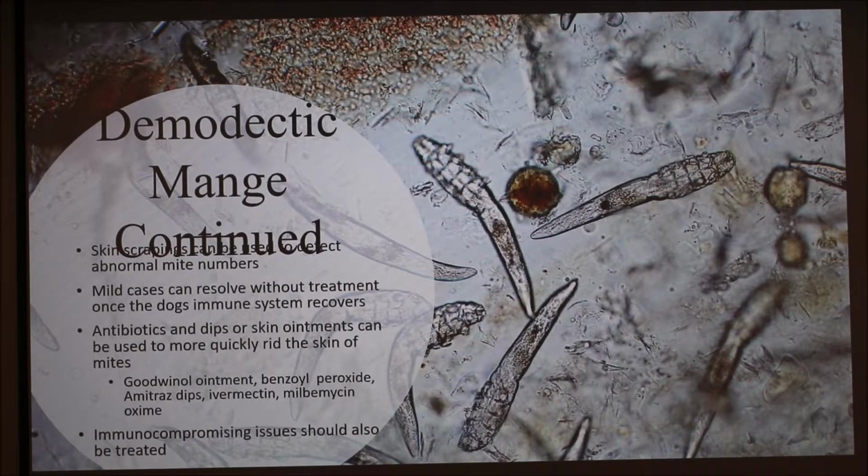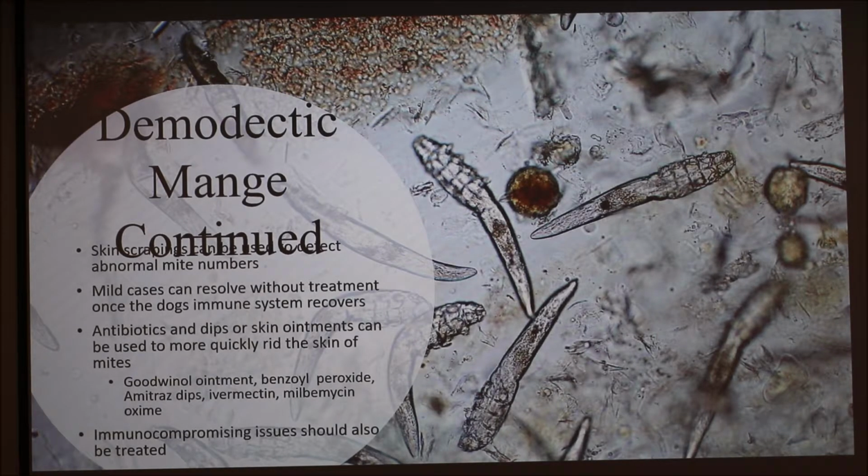So Demodectic mange continued. But skin scraping is used to detect abnormal mite numbers in this. And mild cases can actually resolve without treatment. So once the dog's immune system recovers or gets back to normal, they will clear up on their own. But antibiotics and dips or skin ointments can also be used to rid the skin of mites more quickly.